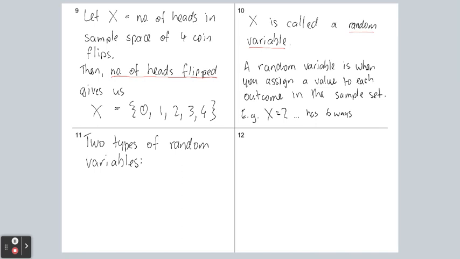Okay, so slide 11 there says there are 2 types of random variables. Let's have a look at that. Number 1, discrete. So whenever you see the word discrete in mathematics, and it's spelt that way, discrete, it means countable or separate, I suppose.